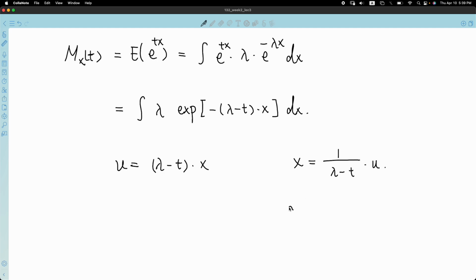And this also gives me that dx is just equal to 1 over lambda minus t du. Okay, so I'm just going to use the change of variable to work on this integral for this exercise.